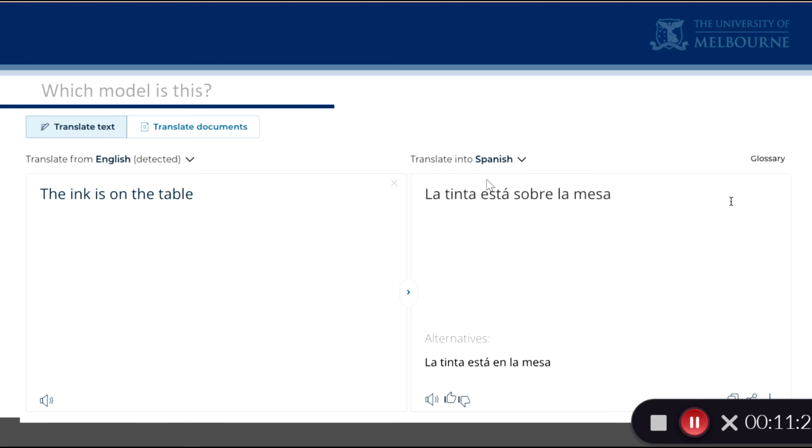But you can then click on each of these in DeepL and get a whole list of alternatives. Está en la mesa, and so on. And then you have to select which of those alternatives is the most convenient, the most appropriate for the function to be fulfilled in the text and therefore in the situation.